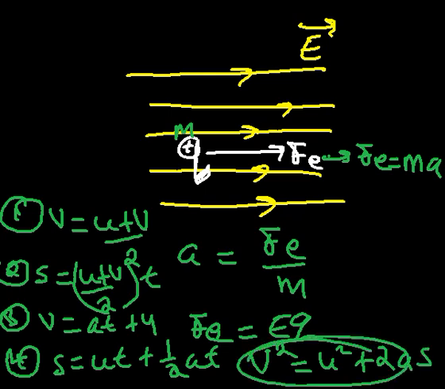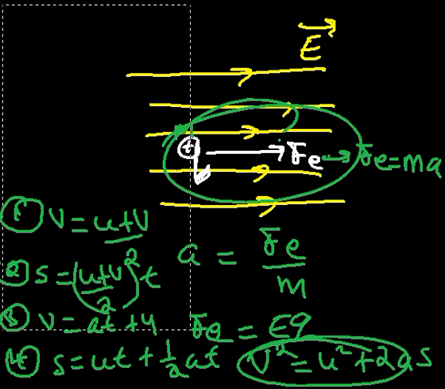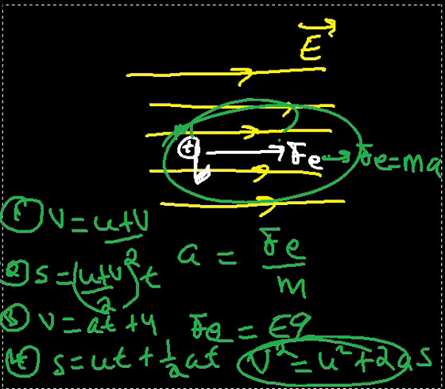These are the equations you use to describe the motion of a charge in a uniform electric field region. That's how you should understand it.